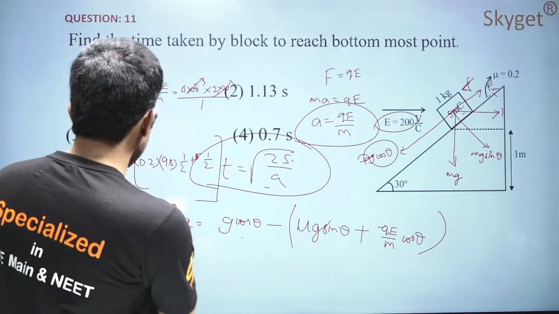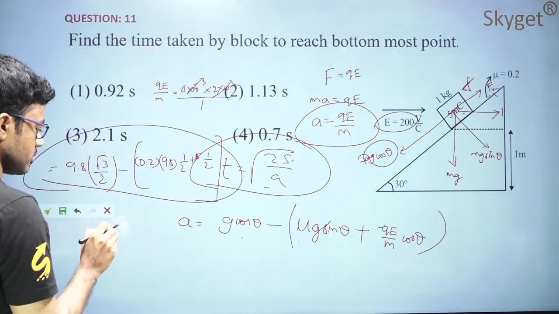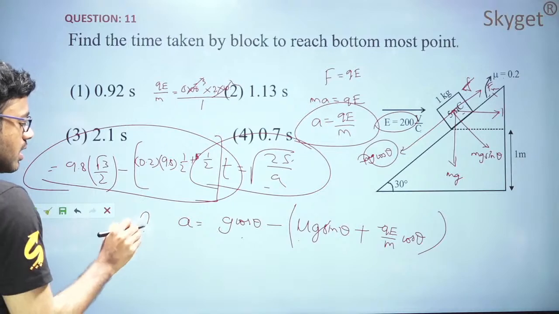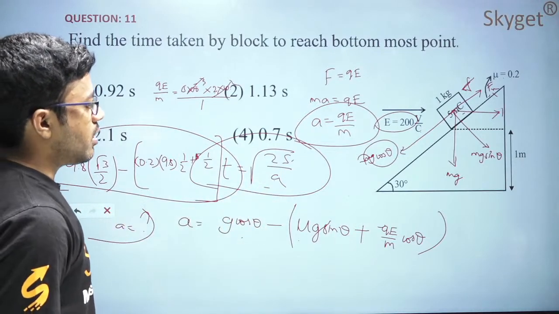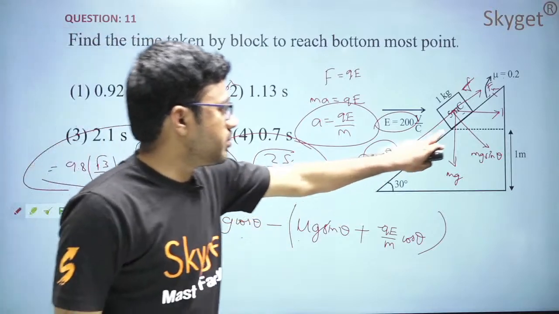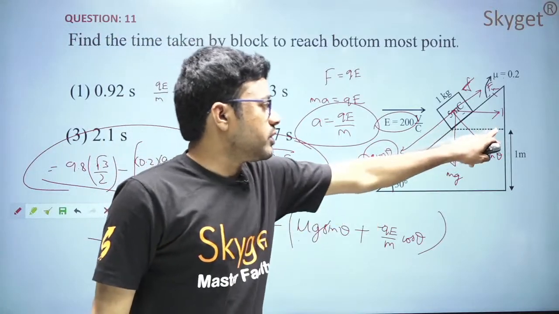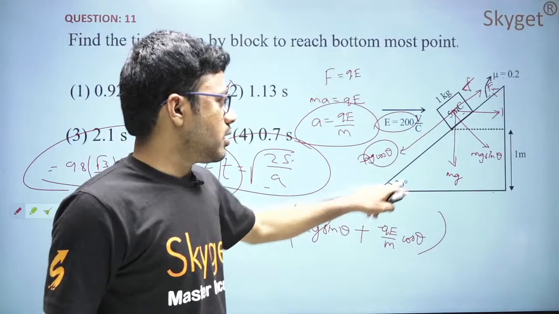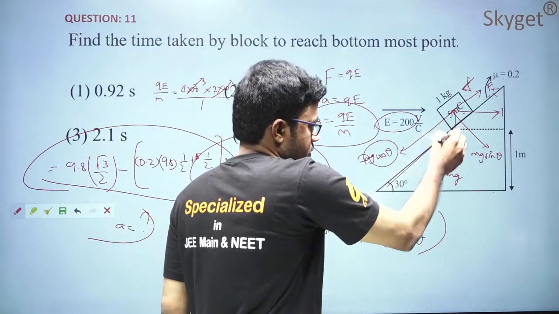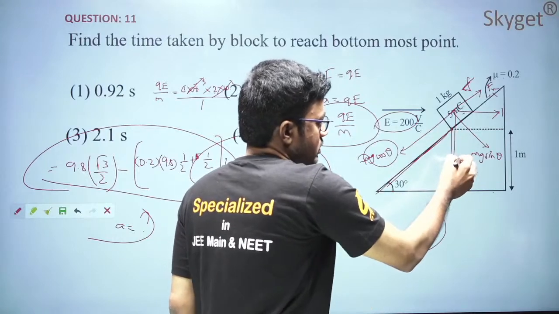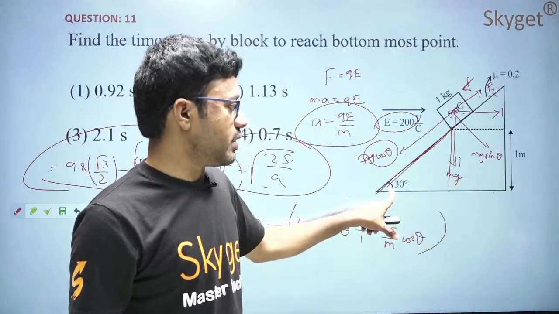If you solve this, you will get the value of the acceleration, and you substitute into t is equal to root over 2s by a, where you have to find the value of s, because it is sliding from a height of 1 meter. As you want the length of the hypotenuse, he has given 1 and the angle 30 degrees.